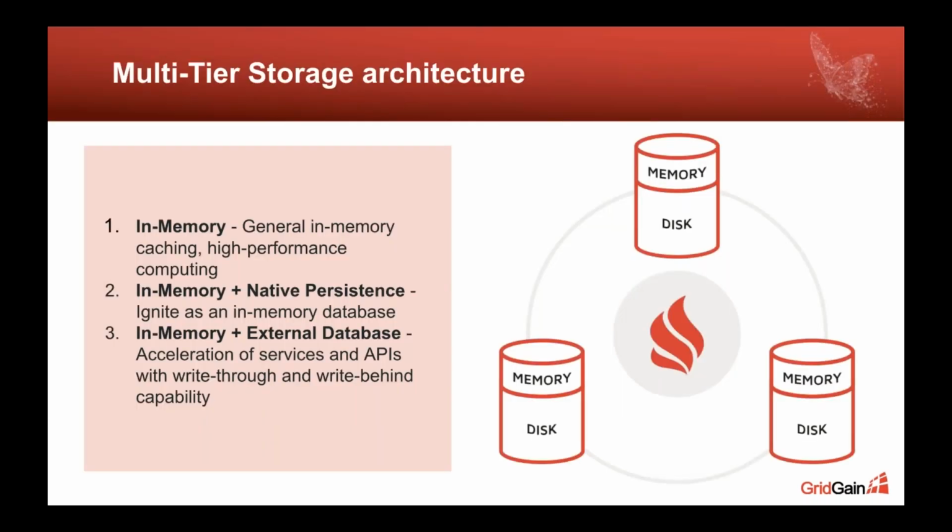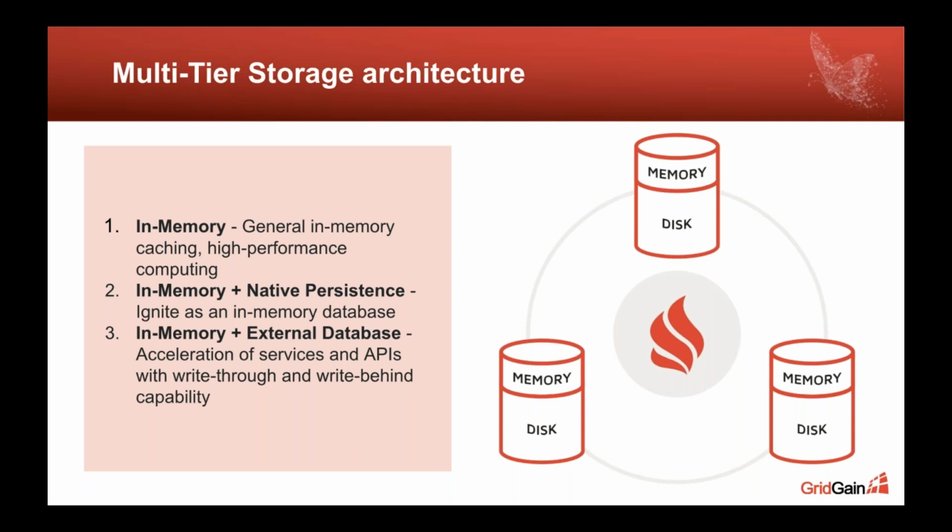So let's move on. Here I listed the tiers our multi-tier storage architecture consists of. First of them is the in-memory tier. It's used for high performance computing and in general in-memory caching scenarios. The second one is Ignite native persistence. It brings crash recovery capabilities and allows your data to survive between cluster restarts. Also, it allows you to put as much data into your cluster as your disk is able to store.